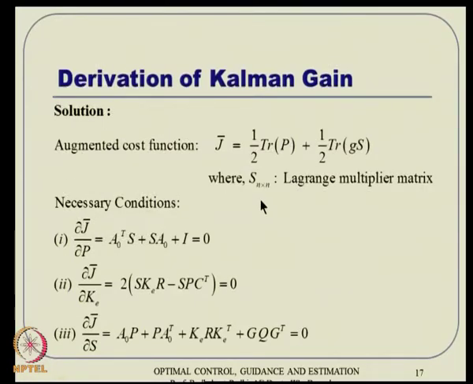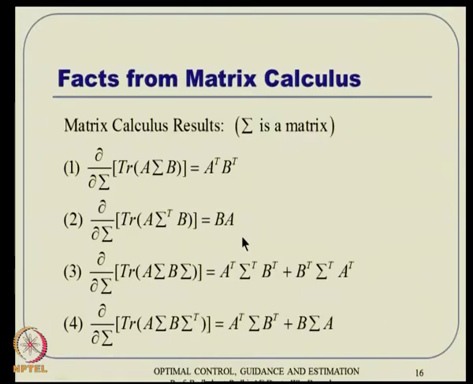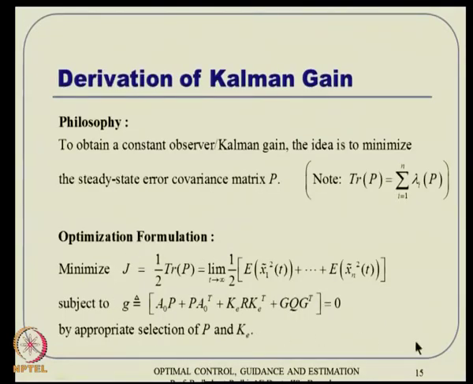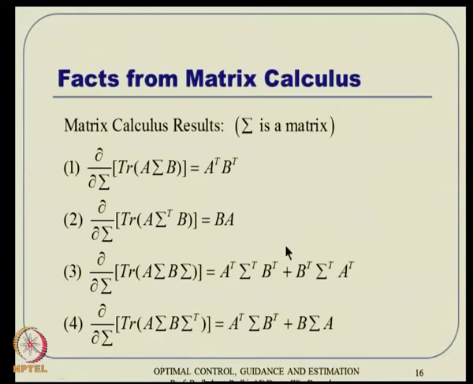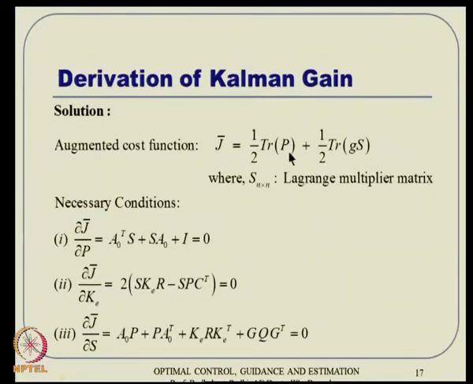So we have got this optimization problem, where you have to minimize this cost function subject to this equation which is equal to 0. The theory tells us that you can have an augmented cost function, which is the original cost function plus half of trace of G times S, where S is a Lagrange multiplier matrix.